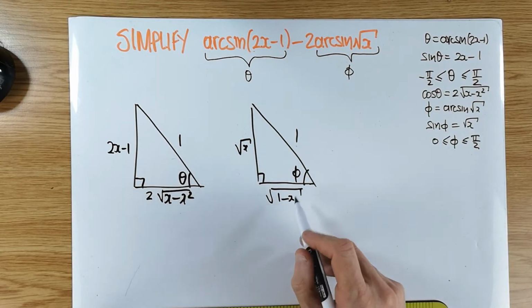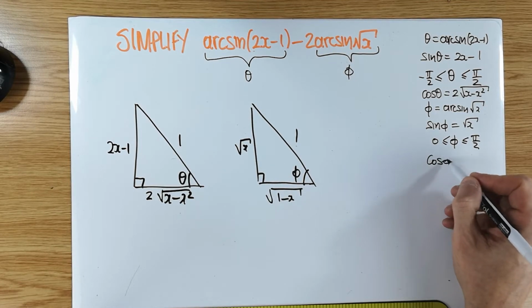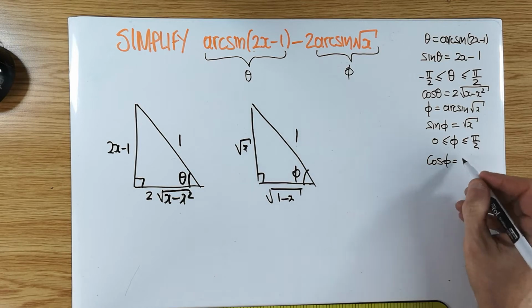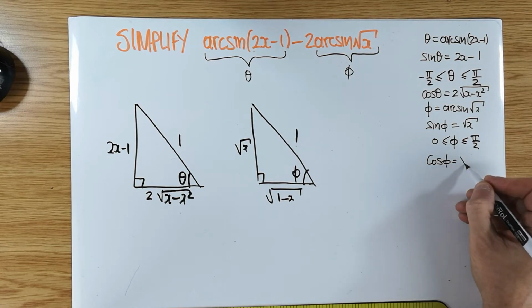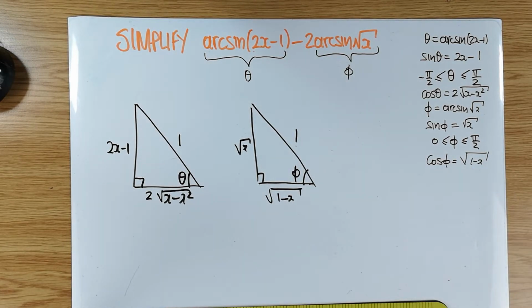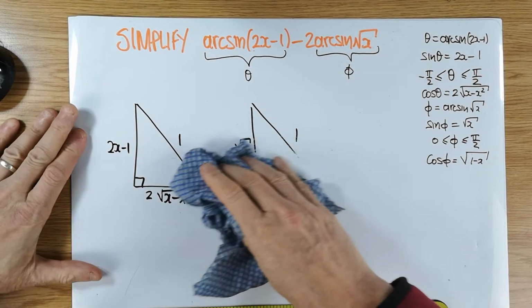And the cos phi is, of course, in analogy, the same quantity: that divided by 1, so the square root of 1 minus x. So I've got all my bits and pieces, and I'm going to go with my original plan. So let's clear the board and see where this will get us.